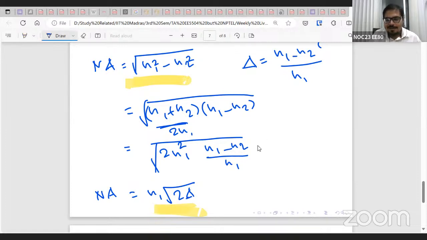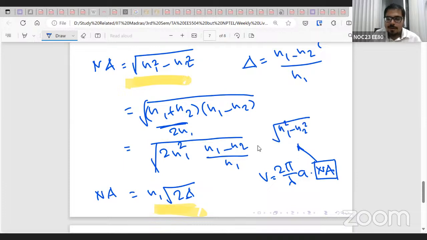Like the V number: here this part you can either use n1 squared minus n2 squared, or you can also use the delta form.